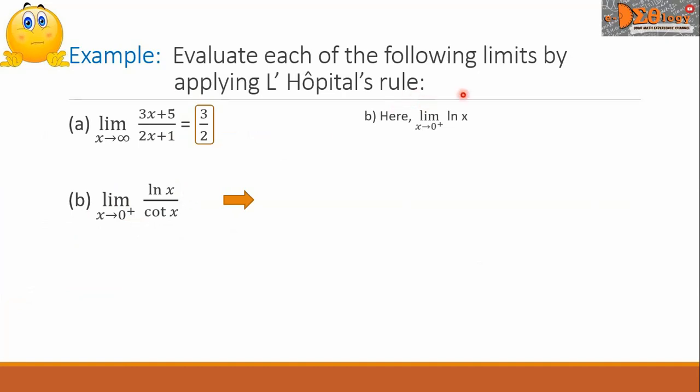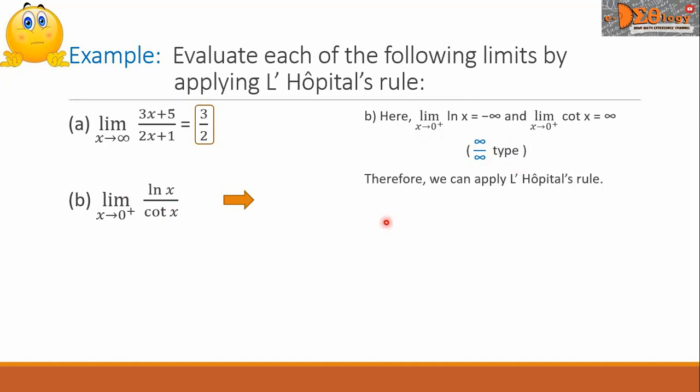The limit of ln x as x approaches 0 from the right equals negative infinity, while the limit of the denominator, cotangent x, as x approaches 0 from the right equals positive infinity. It means this is of the infinity over infinity type. Therefore, we can apply L'Hopital's rule.